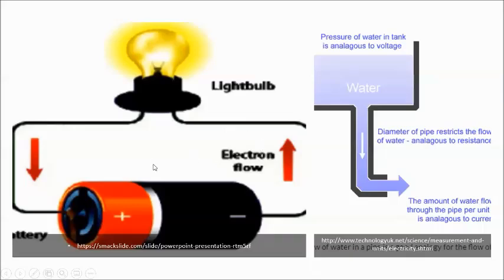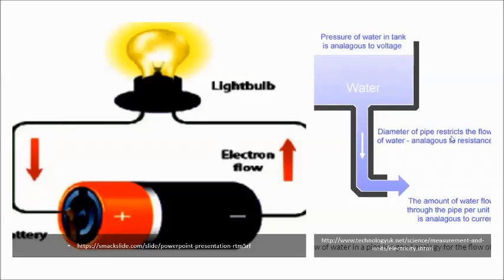As you can see in another figure, we have a source of electromotive force, the battery. The line is for wire, and a device that uses current, a light bulb, and back close to the source. Now, by analogy, the pressure of the water in the tank is analogous to voltage.